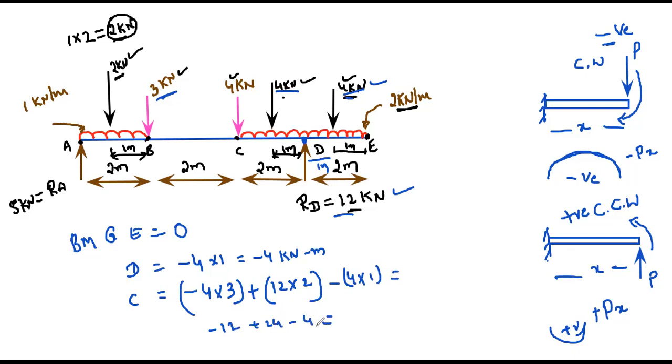You will get minus 16 plus 8. So you will get plus 8 here, kilonewton meter. At point C, I get plus 8.